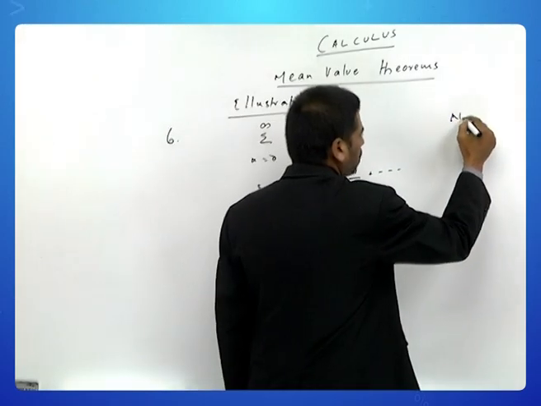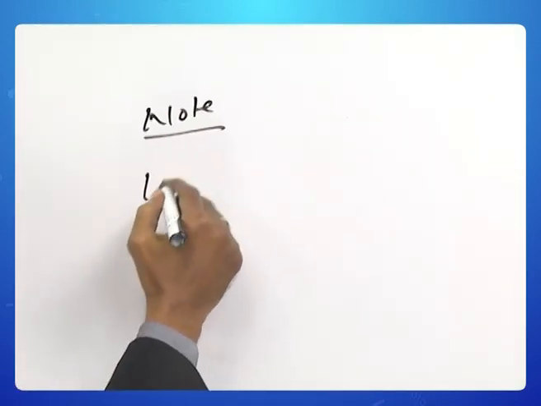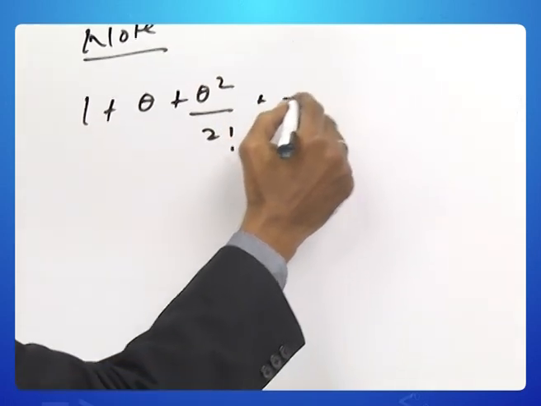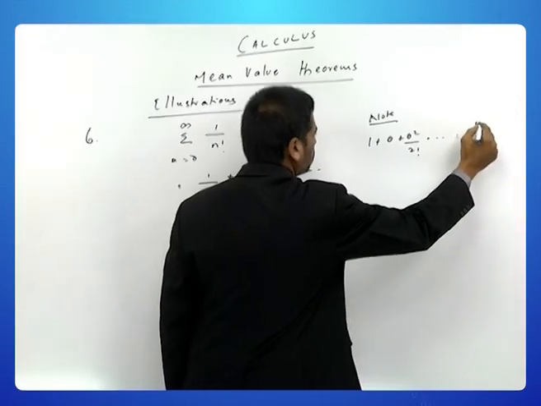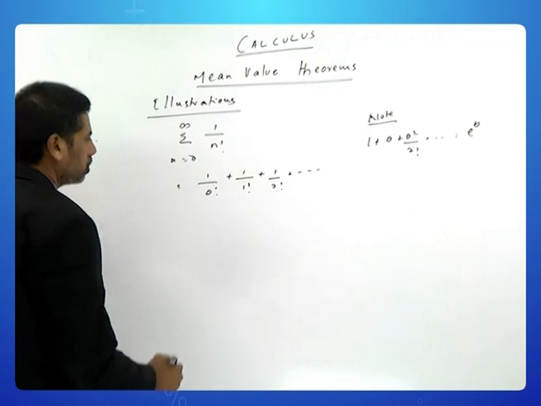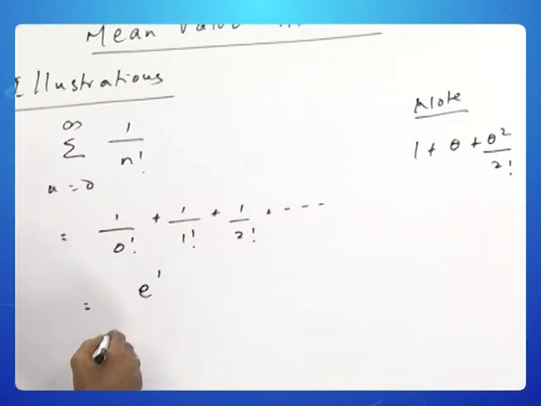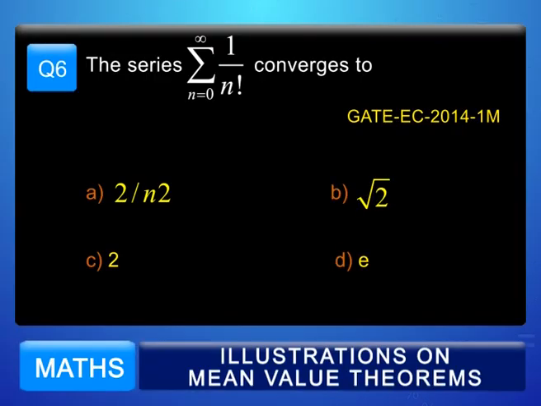You can always remember that 1 plus theta square by 2 factorial and so on converges to e power theta. So here theta is equal to 1. So this becomes e power 1, which is e. So the correct option for this problem is D.